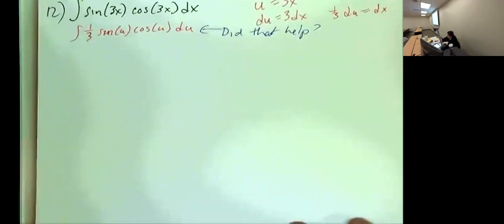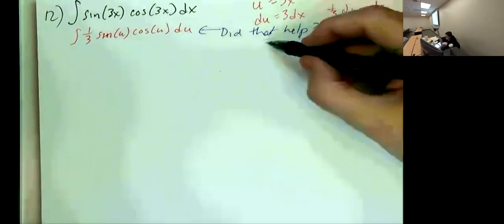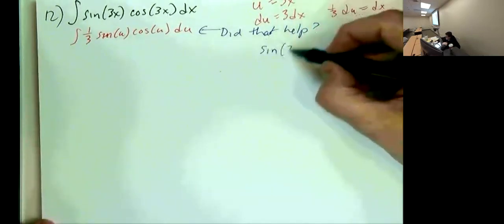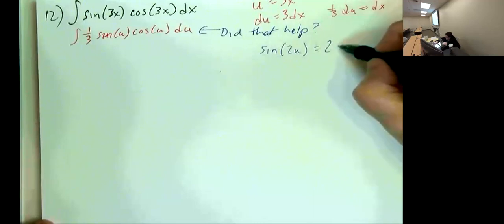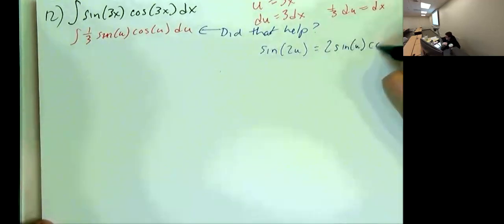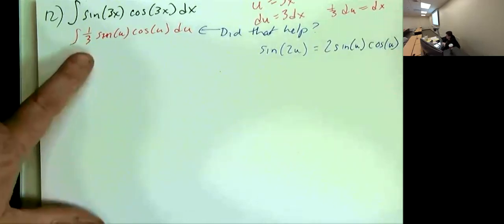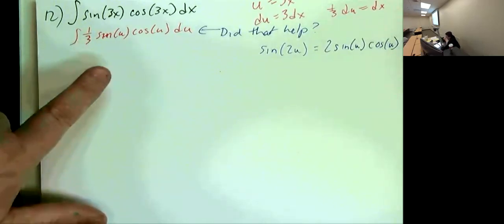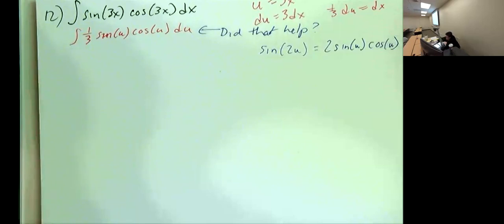Depends on what you want to do with it. If you want to recognize that sine of 2u equals 2 sine u cosine u, this is really helpful because we're down to u. We don't have 3x in there. We got a u. You could use that.